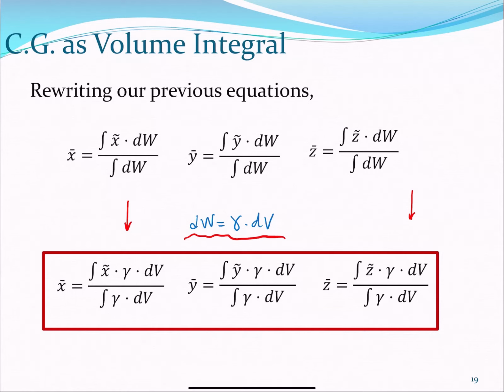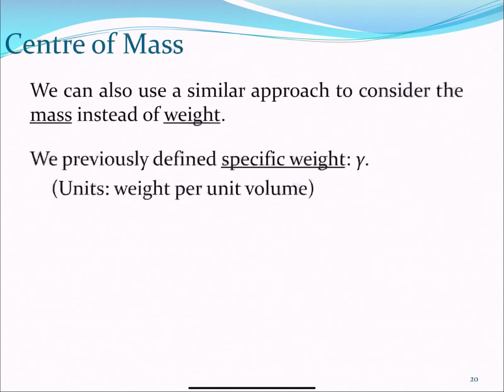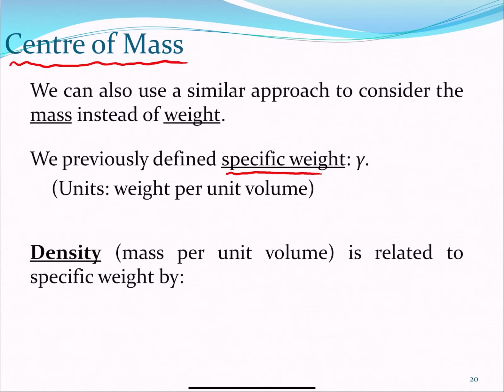We can do the same for mass, or you apply the same definition for mass. In this case, we have previously defined specific weight, and then for mass, it's convenient to define density, or to express things in terms of density.